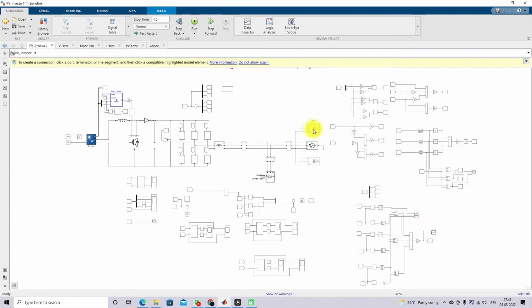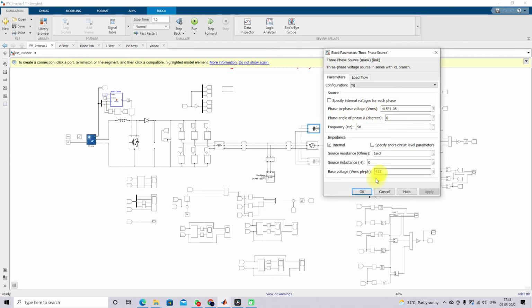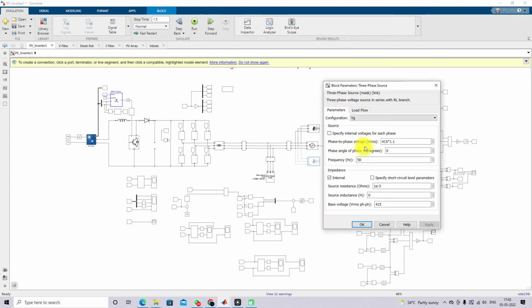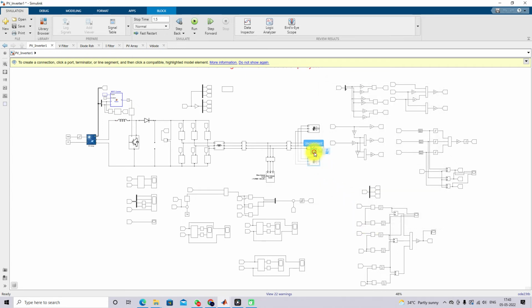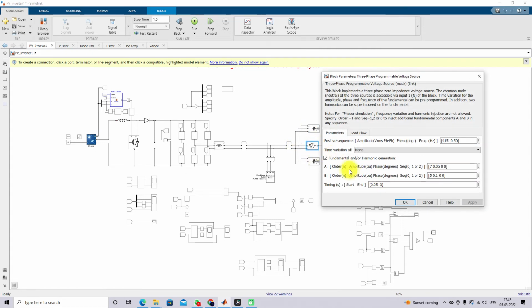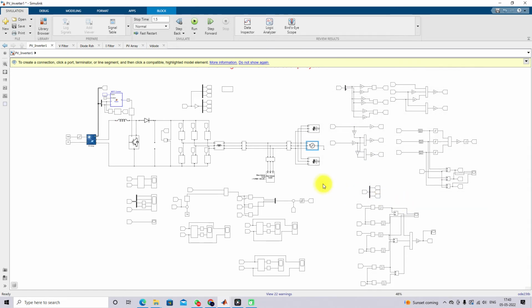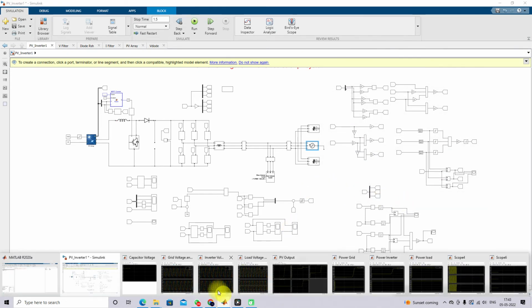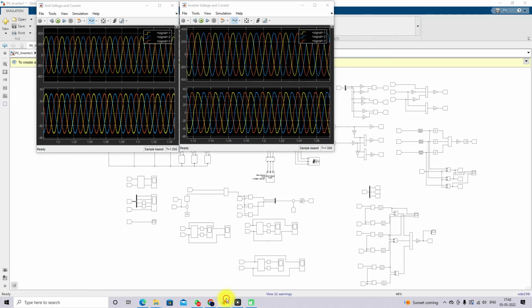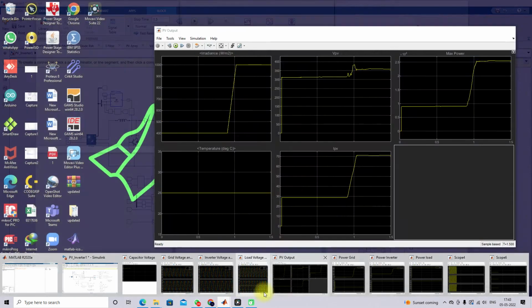Also, I'm going to add one voltage source with amplitude of 1.05, and then another voltage source with amplitude of 1.1 per unit at the point of common coupling, to create a harmonic effect in the system. So we will check the system performance when we add that distortion.